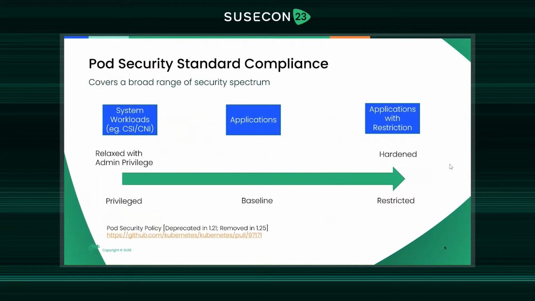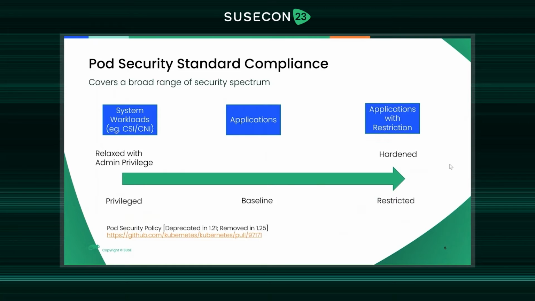Pod security standard establishes three distinct policies to cover the whole security spectrum, namely privileged, baseline, and restricted. Privileged policies are unrestricted. For example, they can be used by storage drivers, CNIs, etc. Whereas the baseline policies are restrictive as possible while preventing known escalations.